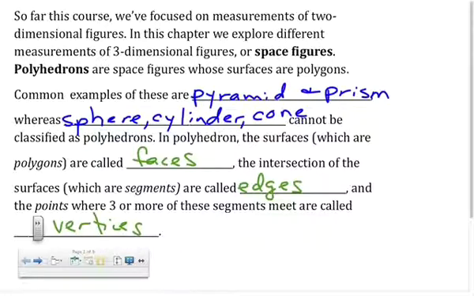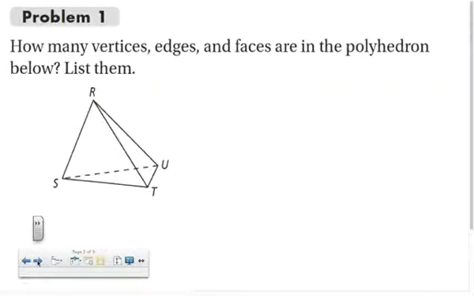Nothing too complicated. But we do need to know that vocabulary because later on in our lesson we have a formula that uses the number of faces, the number of edges, and the number of vertices. So in problem 1, we are simply counting them and identifying them.